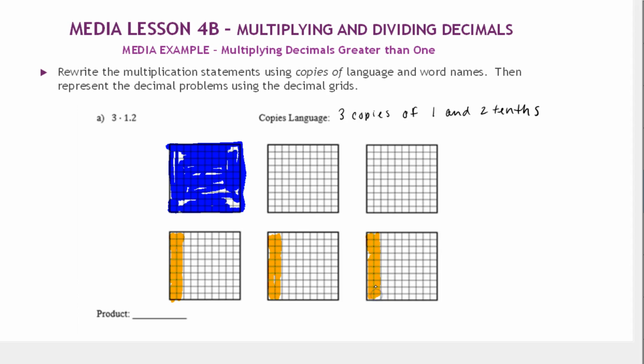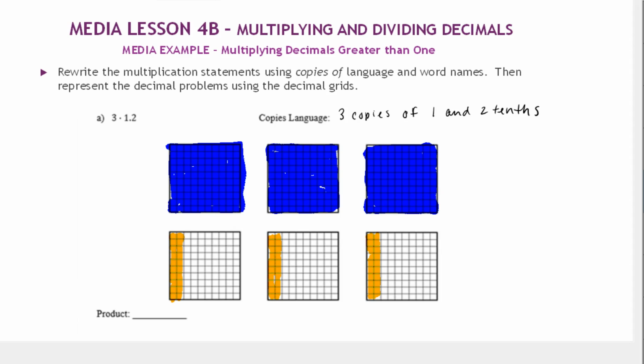And now I'm going to fill in the 1 of the 1 2/10. So I paused to spare you the tedium of me shading these in. So now we have 1 2/10. This is our first copy, our second copy, and our third copy.